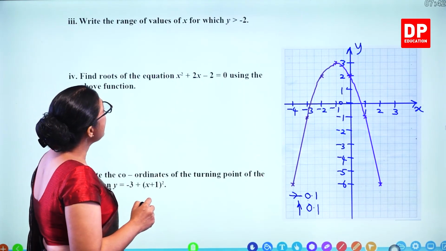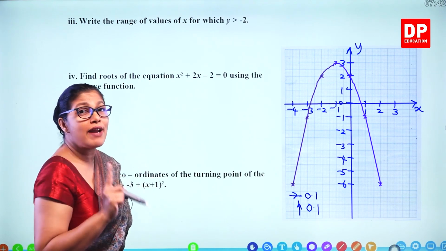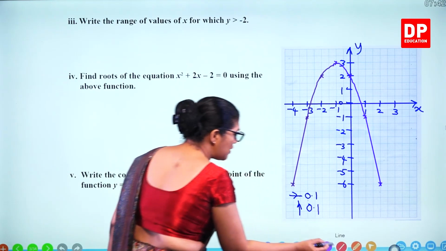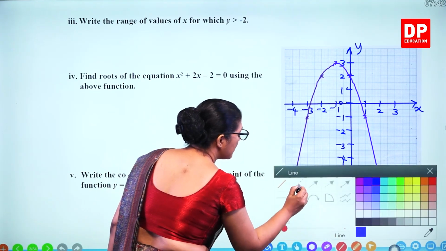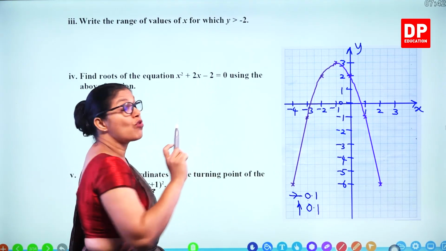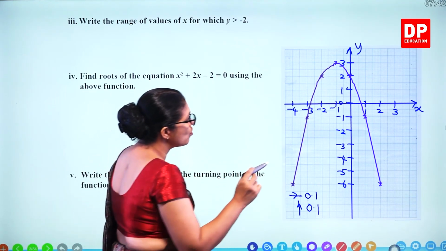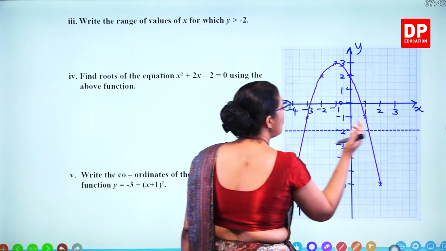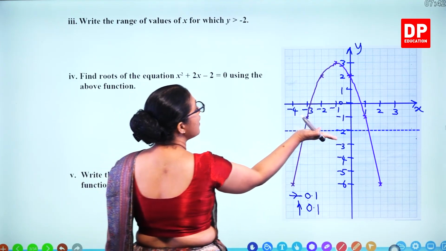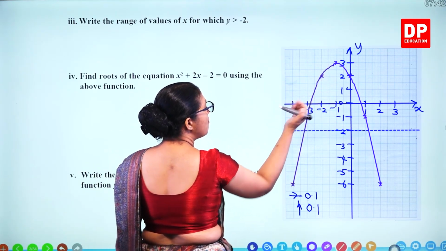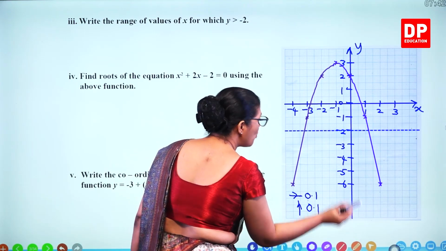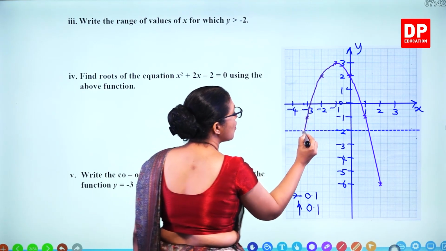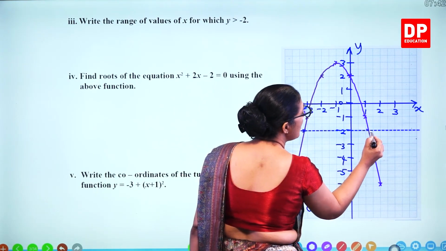Part 3, write the range of values of x for which y is greater than minus 2. First you can draw y equals minus 2. We'll take a broken line, since y is not equal to minus 2. So this is the line. You have to find out where you get y above this line. That means you have to read these 2 points, the x values here and here.